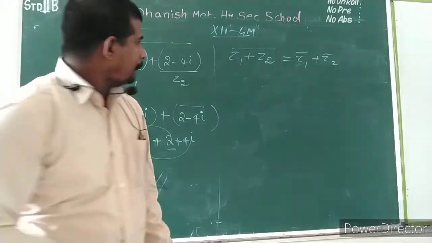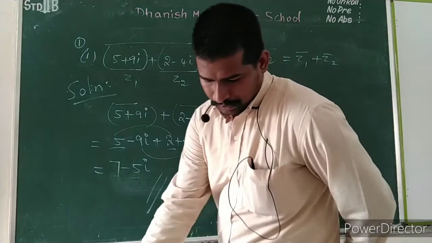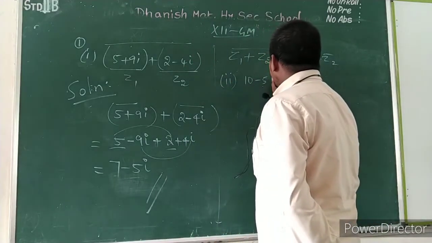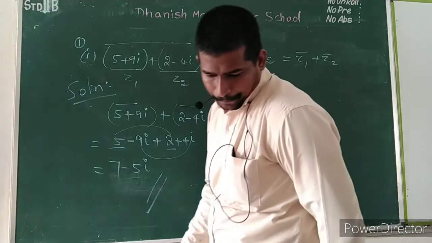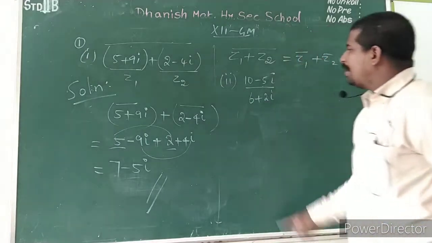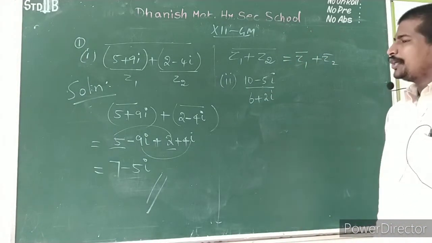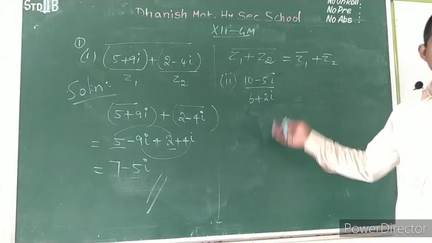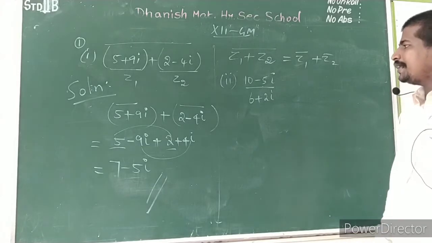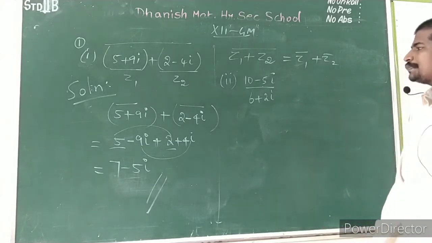Now the second one, (10 minus 5i) divided by (6 plus 2i). Now I am going to rewrite the given term in rectangular form. For that I am going to multiply the numerator and the denominator by the conjugate of the denominator. Here our denominator is 6 plus 2i. So the conjugate of the denominator is 6 minus 2i.